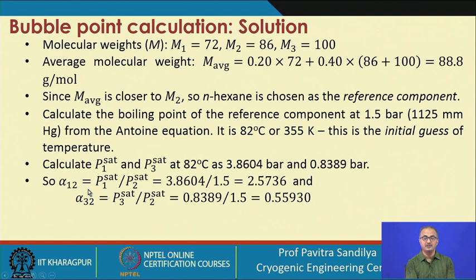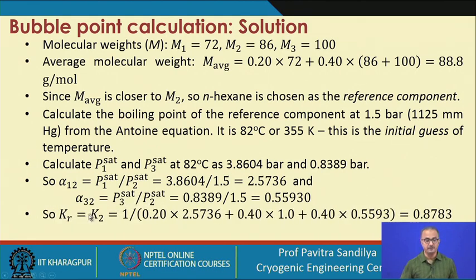With respect to the reference component, that is component 2, we find the relative volatilities first for N-pentane and then for N-heptane. Looking at these values, we find that N-hexane is more volatile than N-heptane, but less volatile than N-pentane, and this is expected because molecular weight wise N-hexane lies between N-pentane and N-heptane.